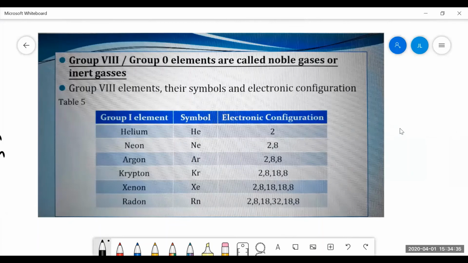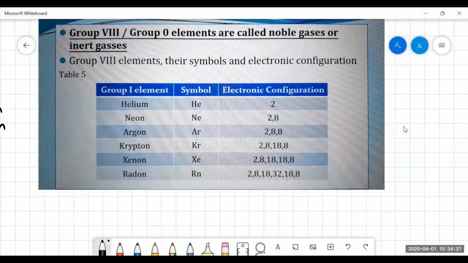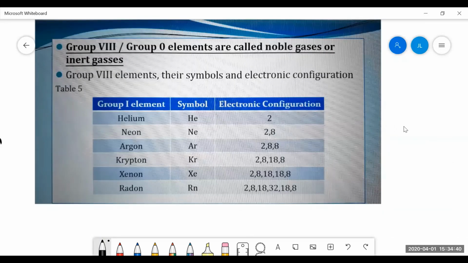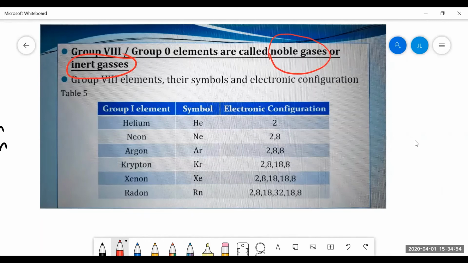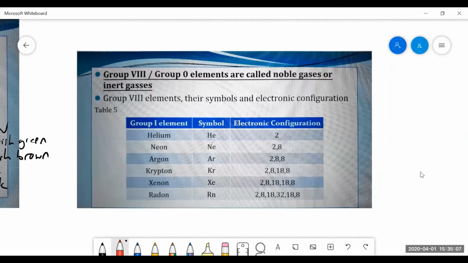Let's go straight to it. First of all, it is also called noble gas. Do you know why? Why is group 8 called noble gas or inert gas? Because they are stable. They don't need extra atoms or they don't need to take out atoms.